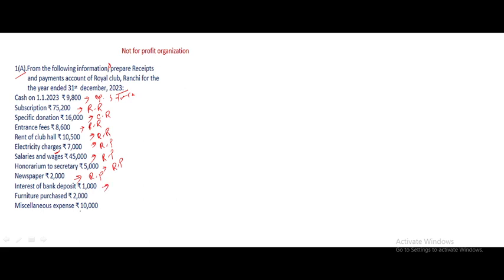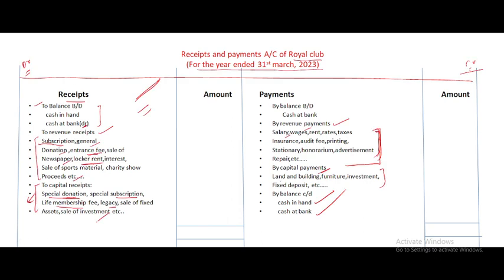Interest on bank deposit, if we have a bank deposit, then we received interest, this is revenue receipt. Furniture purchased, capital payment. Miscellaneous expense, revenue payment. Expense is payment. Miscellaneous expense 10,000 means 10,000 is paid for miscellaneous expenses. Okay. This is the format, and receipts and payment account is prepared on the basis of this format.